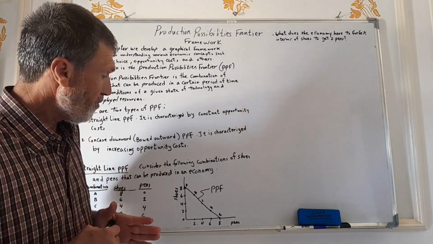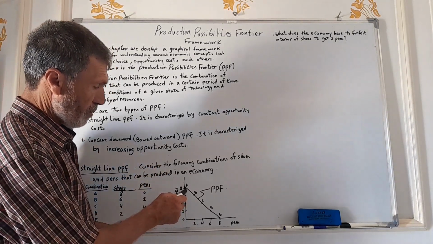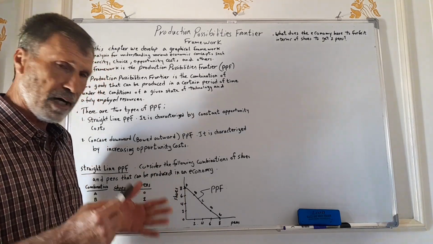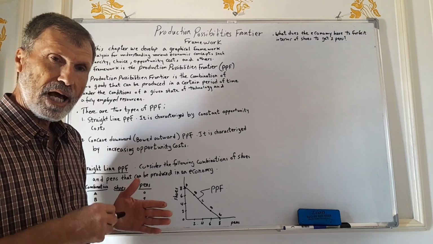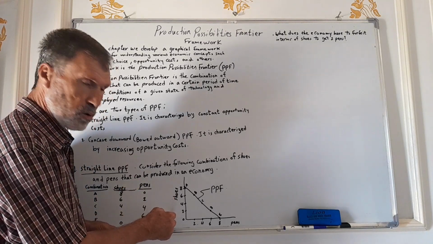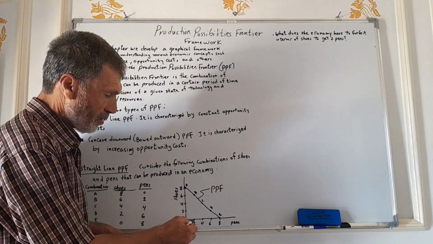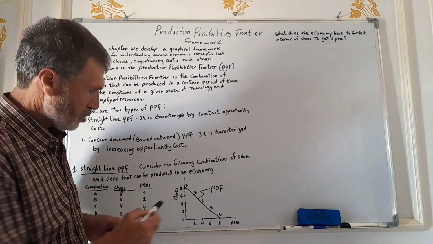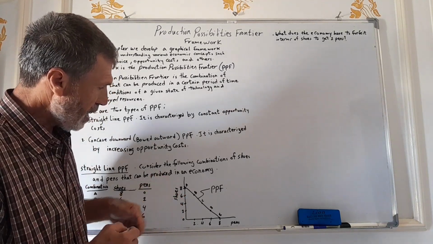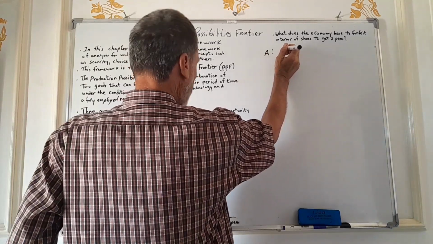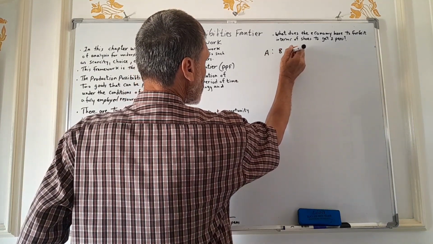If the economy were to move from A to B, what does the economy have to forfeit in terms of shoes to get 2 pens? To move from A to B, remember, at A, the economy produces 8 shoes and 0 pens.